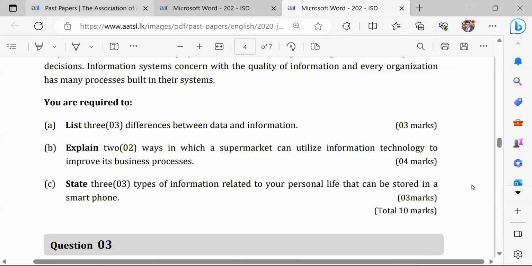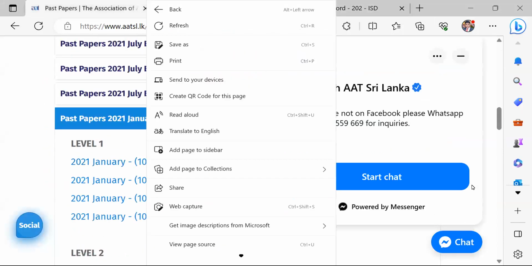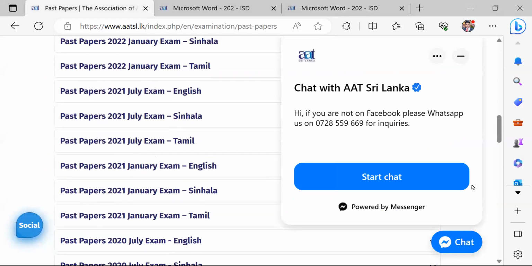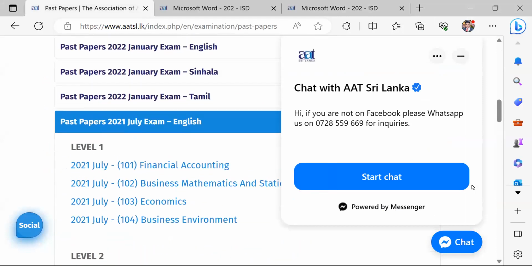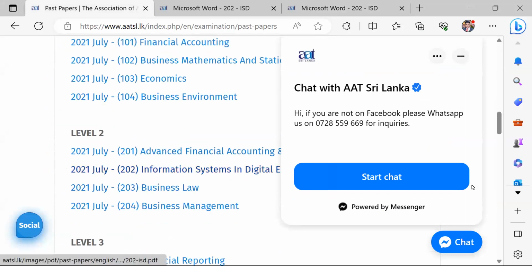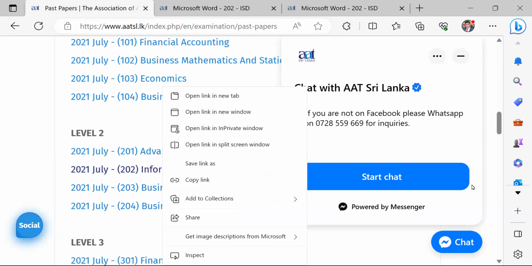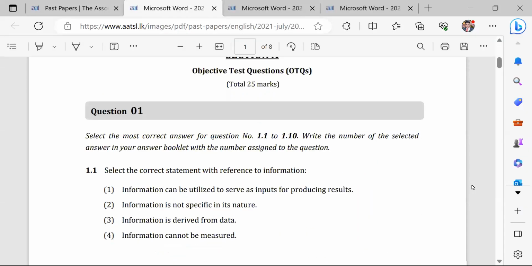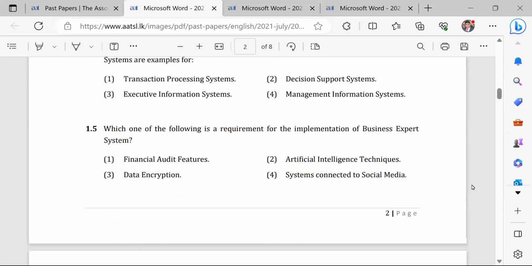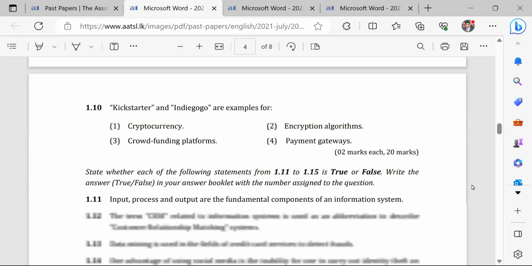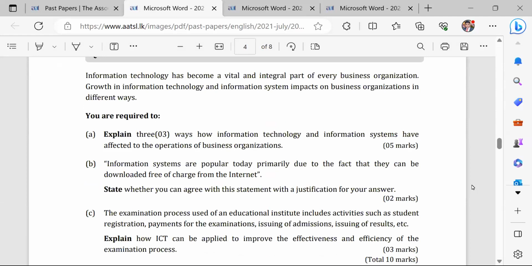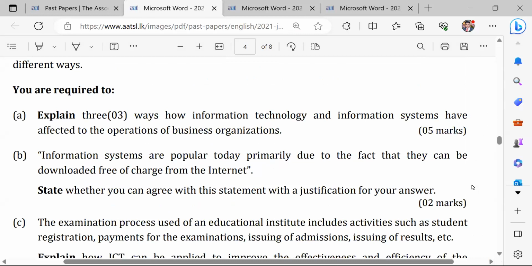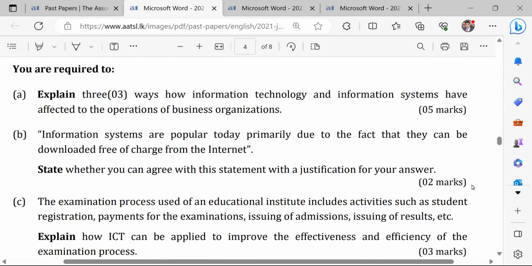We'll take another paper. This is 21 January. We'll go for 21 July. Information technology and information systems, right?